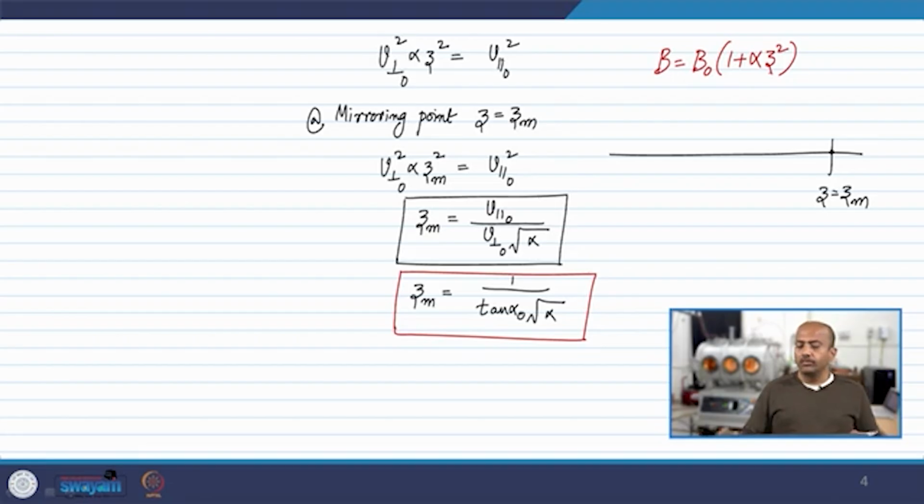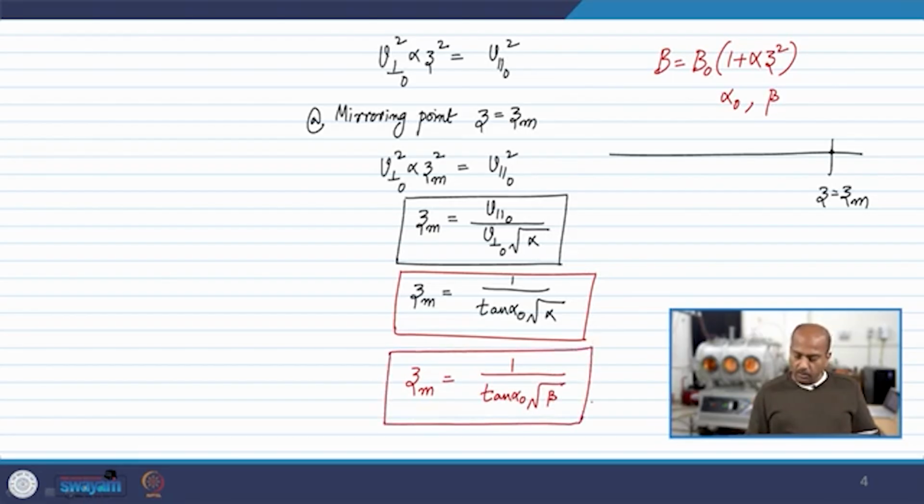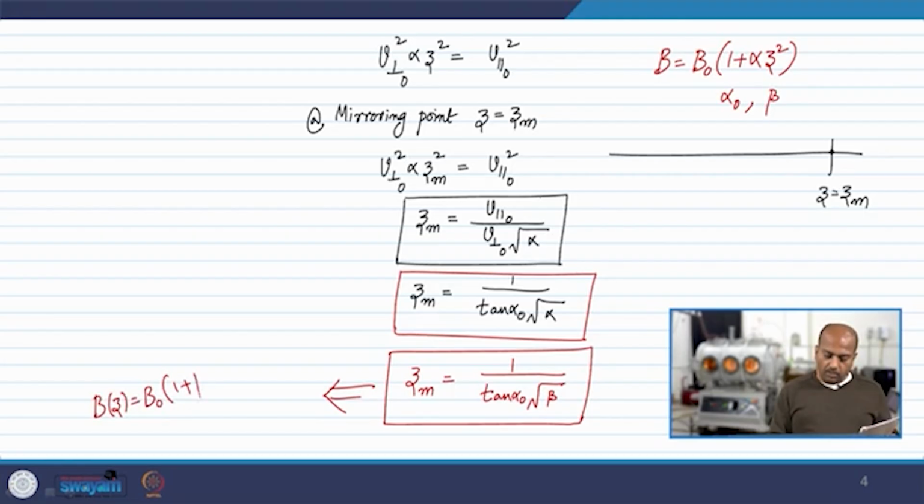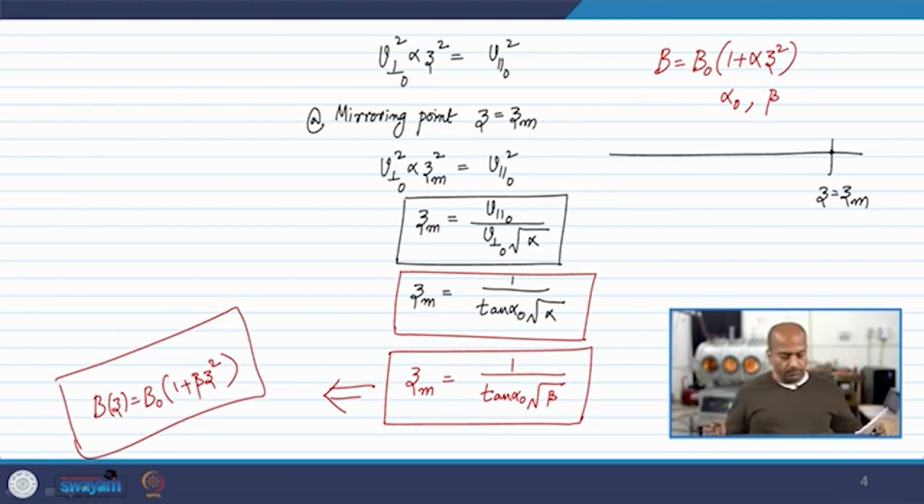It would have been convenient if we had written the pitch angle as alpha naught and this constant as beta, to avoid confusion. I can write it as 1 by tan alpha naught into square root of beta. This is the mirroring point. Now, beta is just a constant, so this formula will be valid if the magnetic field Bz is written as B naught times 1 plus beta z square, as simple as that.